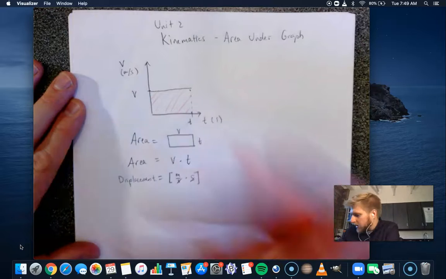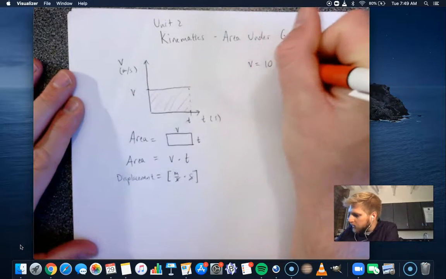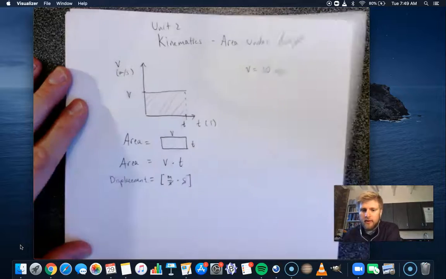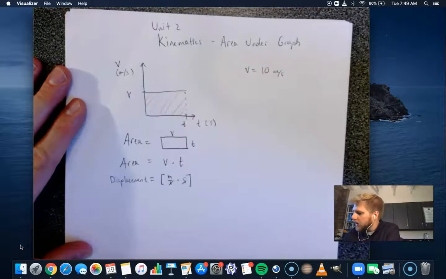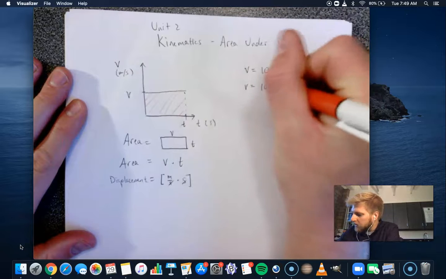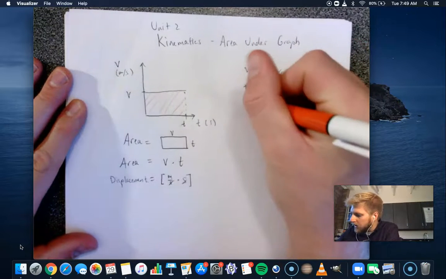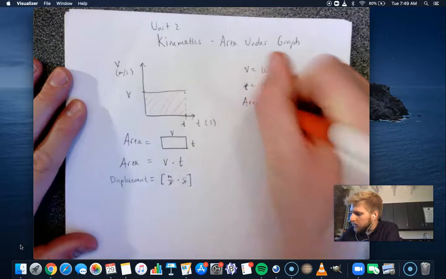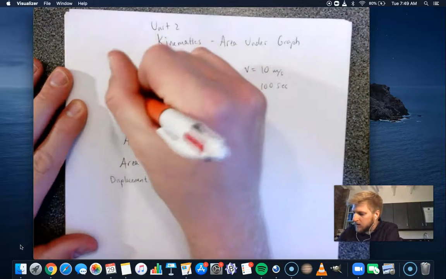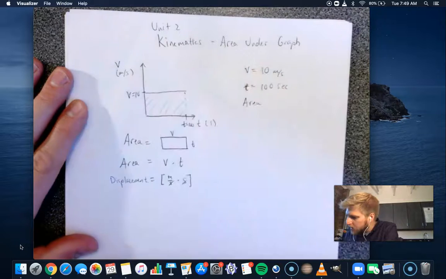And we know that is a measure of displacement. So for an example, if we just plug some numbers in, let's say that v was 10 meters per second. Let's say it's a train going 10 meters per second, and we look at it for 100 seconds. That's t. So this would be 10, and this would be 100.